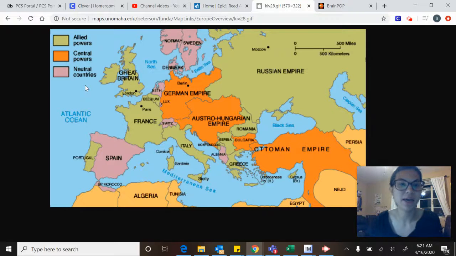So when we look at this map, starting with the Allied powers, we have France. Italy came in a little bit later. Obviously, Serbia was in it from the beginning. Romania, the Russian Empire, Great Britain. Okay. For the Central Powers in Europe, we have Germany, the Austro-Hungarian Empire, etc. Right?